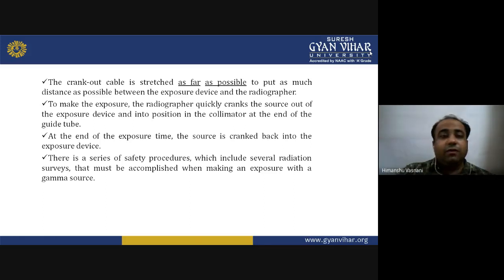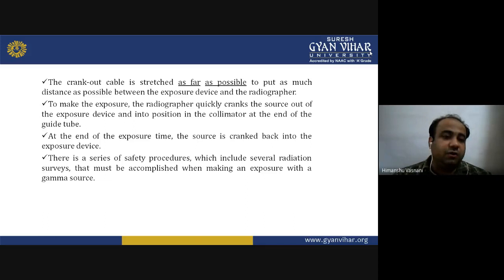At the end of the exposure time, the source is cranked back into the exposure device. Okay, this is for safety reasons.